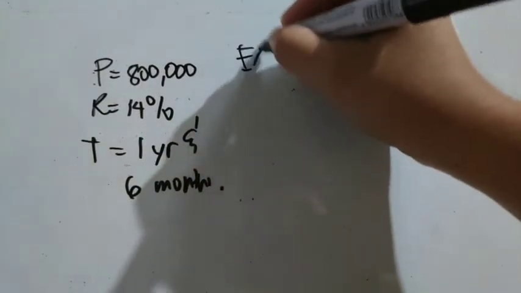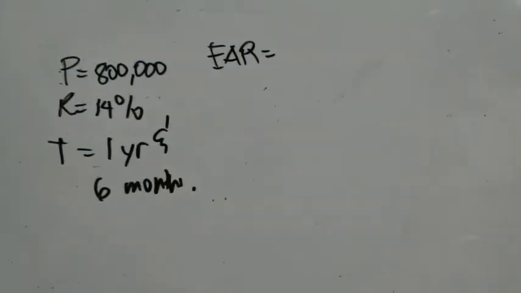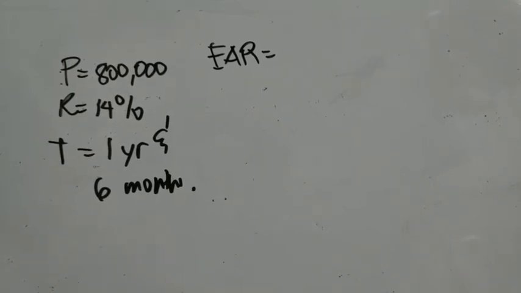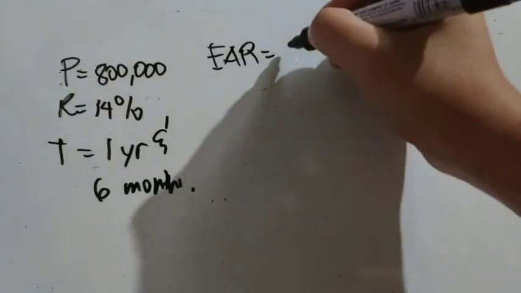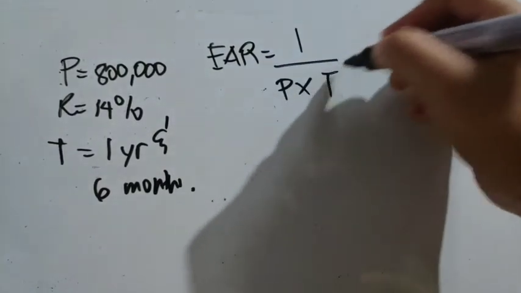So, the formula for getting the effective annual interest rate is the same as number 1, because the formula is the same for 1 year and more than 1 year. The only difference is when the term is less than 1 year. So, interest over principal times time.